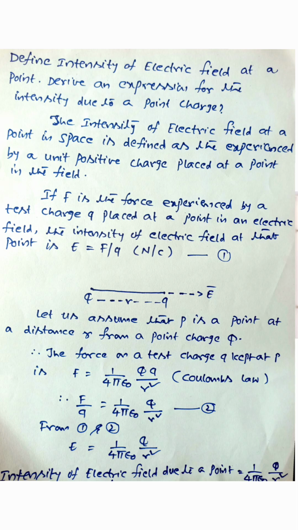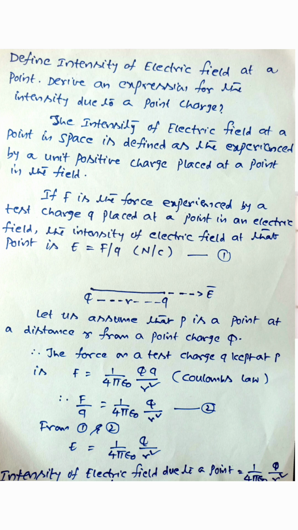Define intensity of electric field at a point. Derive an expression for the intensity due to a point charge. The intensity of electric field at a point in space is defined as the force experienced by a unit positive charge placed at a point in the field.